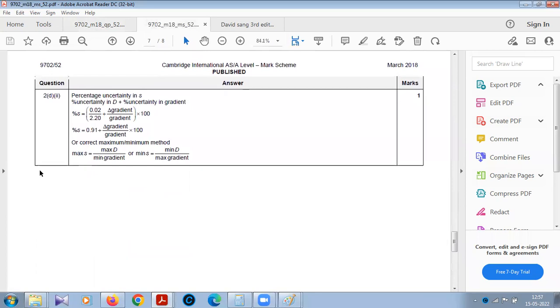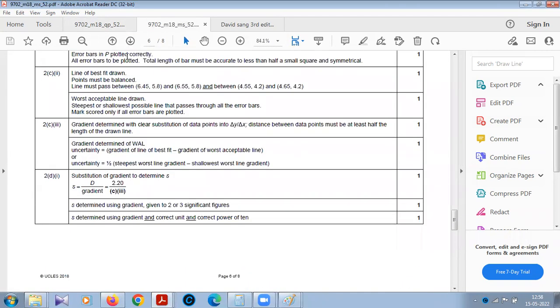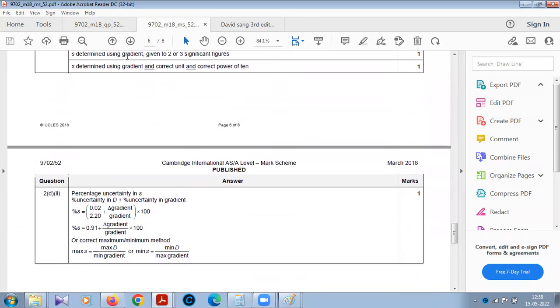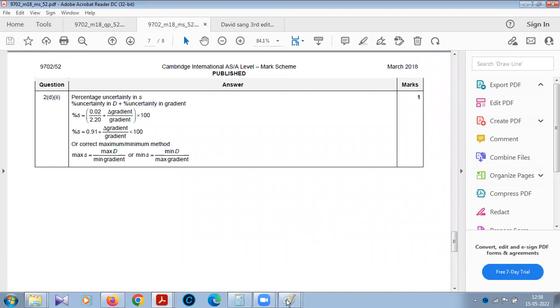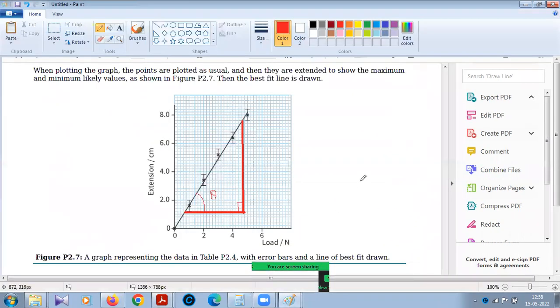What is the expression that we are getting? S is equal to D by the gradient.